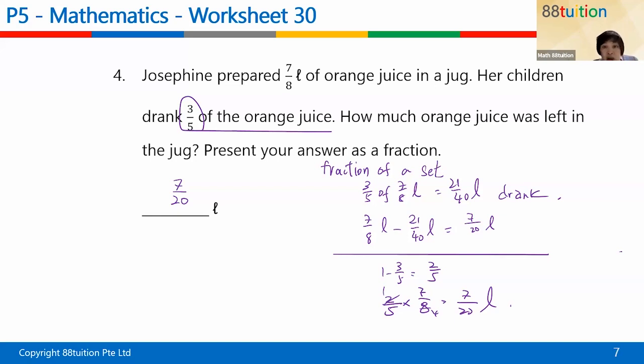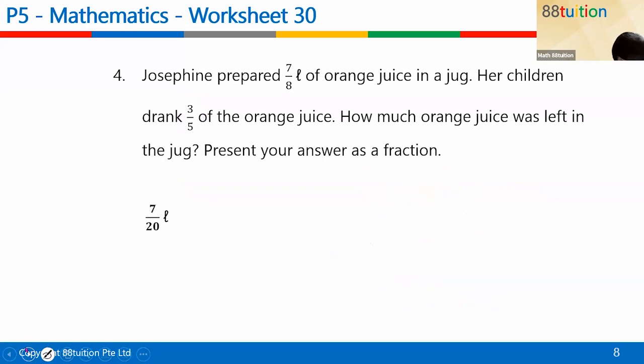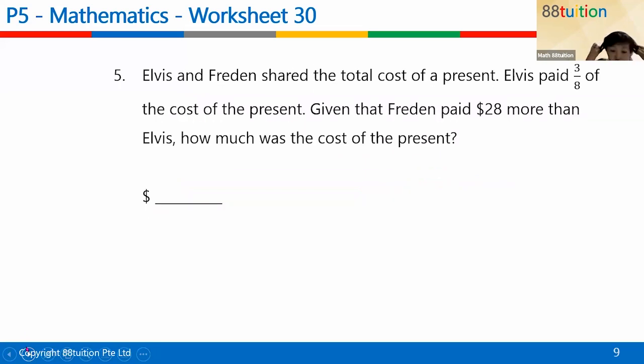For Rui Wei and Rui Yu, you can actually respond your answer to the chat function also, because I'm not able to keep your writing. Elvis and Frieden shared the total cost of a present. Elvis paid 3/8. 3/8 means 3 out of 8. So meaning to say the cost of the present itself can be 8 units. So it is split into Elvis and Frieden, where Elvis paid 3/8 of it, and Frieden paid only 5 units.